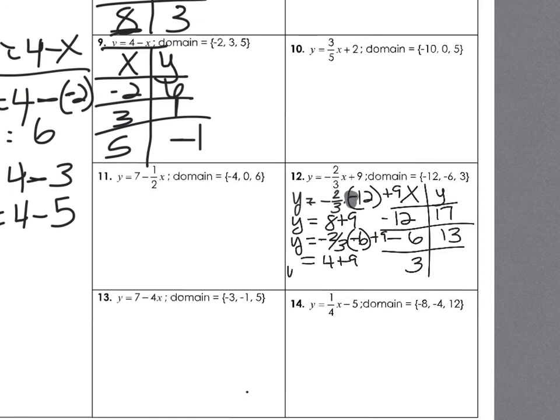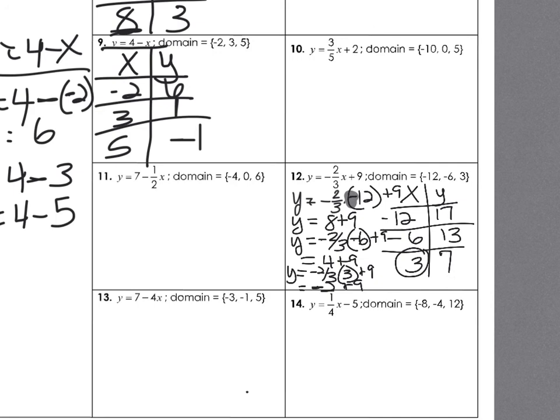And then our last one, y equals negative 2/3 times x, and in this case our x is 3, and the equation finished is plus 9. So y equals negative 2/3 times positive 3 is negative 2 plus 9 will be positive 7.